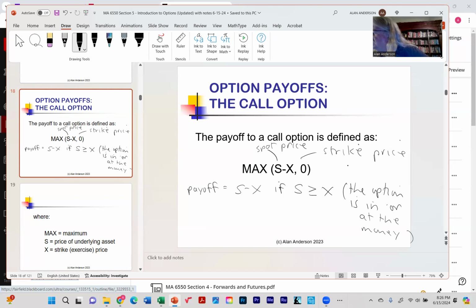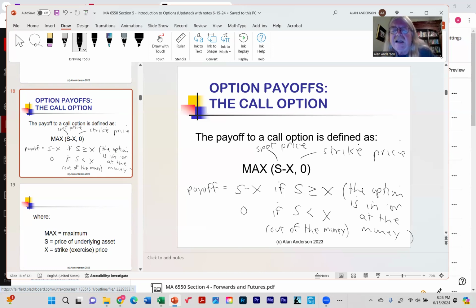And otherwise, 0, which means out of the money. So it's the greater of the two, in other words.